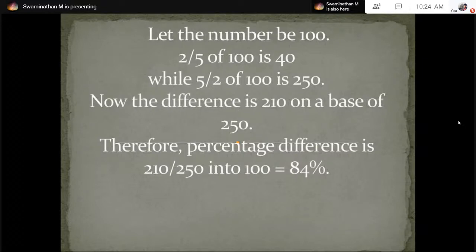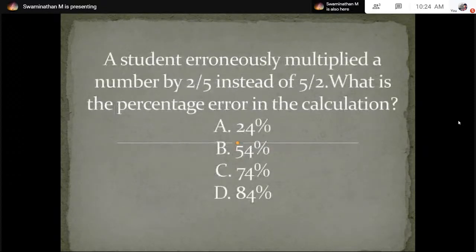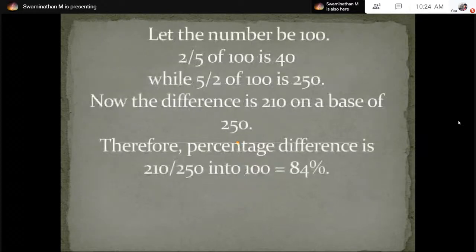So the difference is 210. The correct answer is 250, since it has to be 5 by 2, but the difference is 210. The error value is 210 and the base value is 250. So the percentage error will be 210 by 250 into 100%.